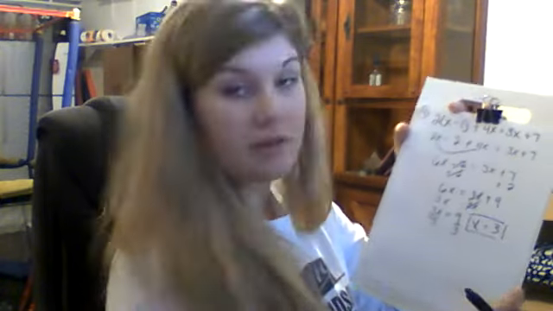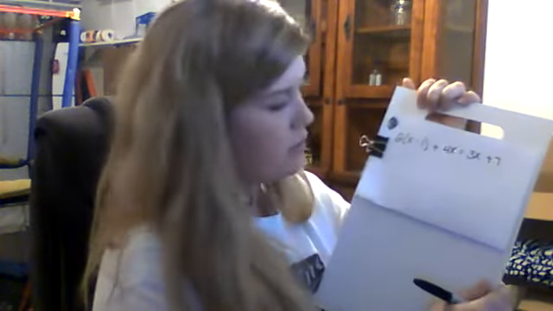From here, we need to go ahead and check our work. So let me fold this up. Okay, so we're going to plug in 3 wherever we see an x.